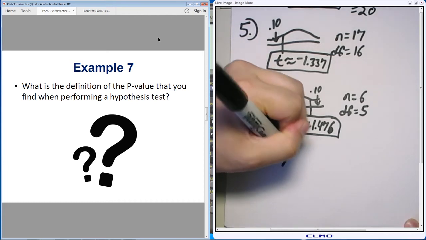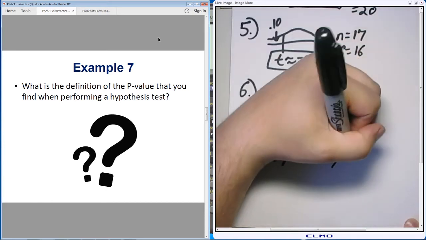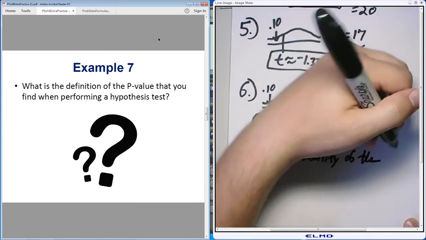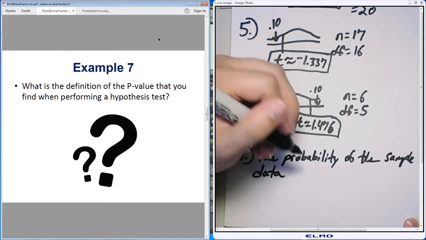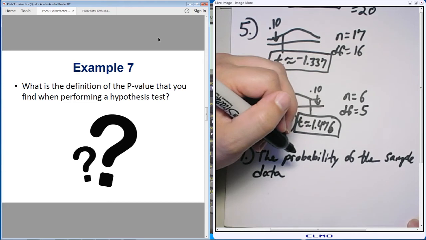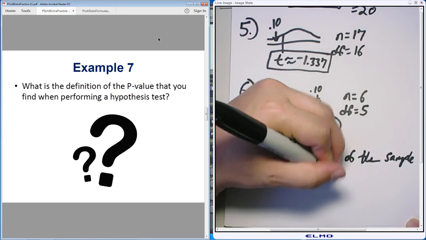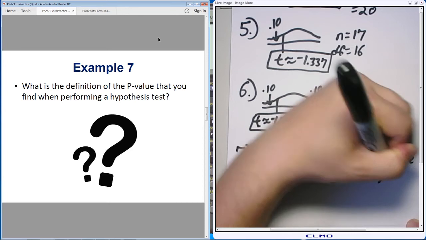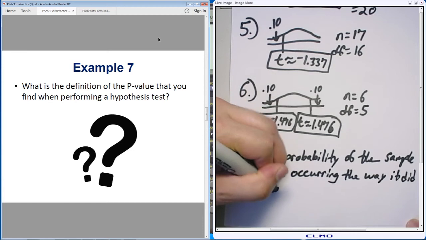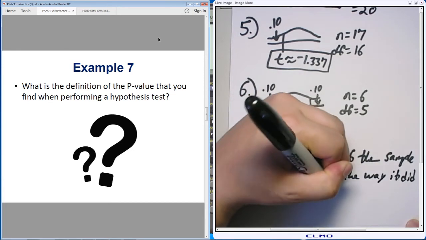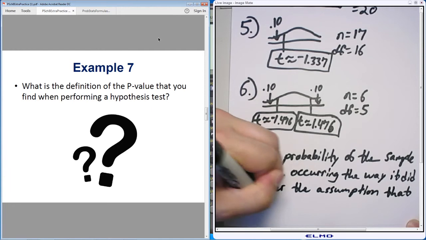It is the probability of the sample data occurring the way that it did, under the assumption that H sub 0 is true.